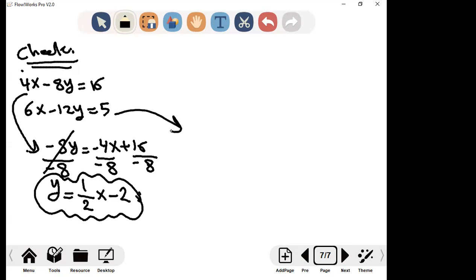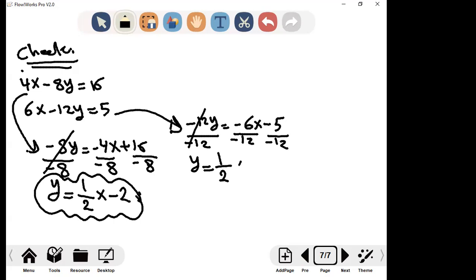Now the second equation. Negative 12y equals negative 6x plus 5, right? Divide by negative 12. Y will be negative 6 divided by negative 12, also half x, plus 5 over 12, right? This is the second equation.